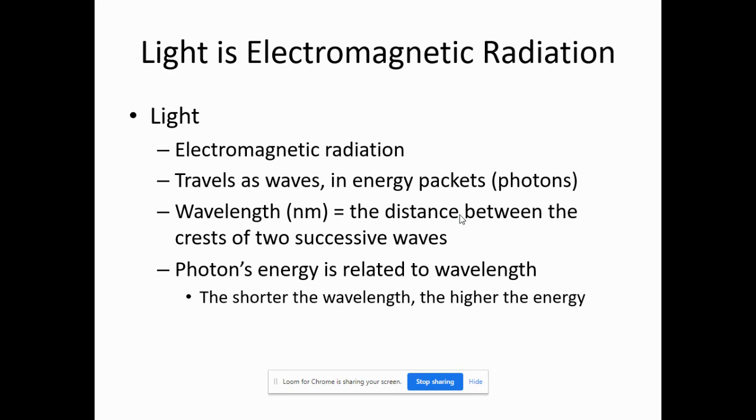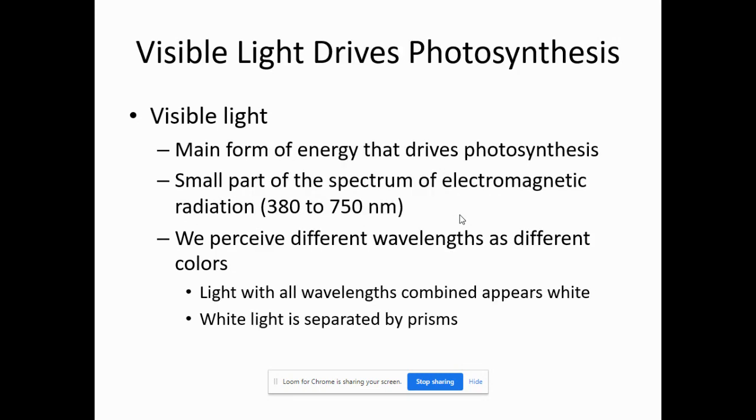You wouldn't think that's carrying a lot of energy. But if you get hit by a wave, 2 seconds, wave, 2 seconds, wave, it's a shorter wavelength, and you're going to feel that higher energy from that shorter wavelength.